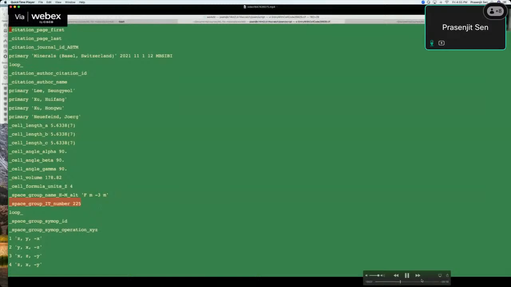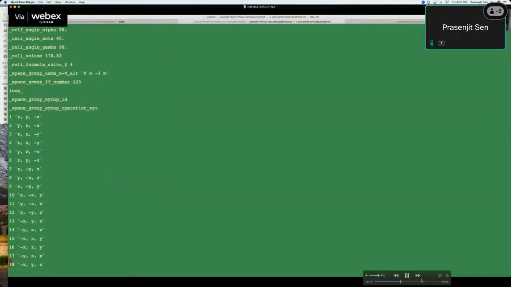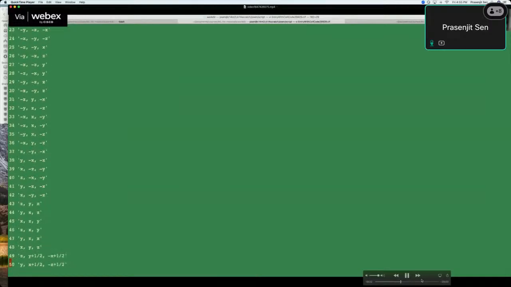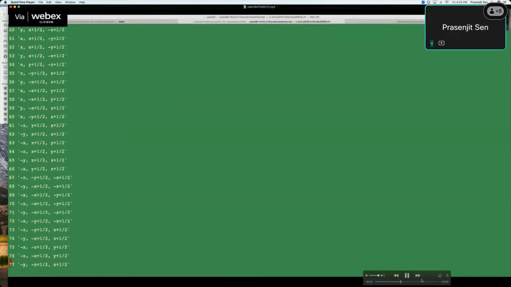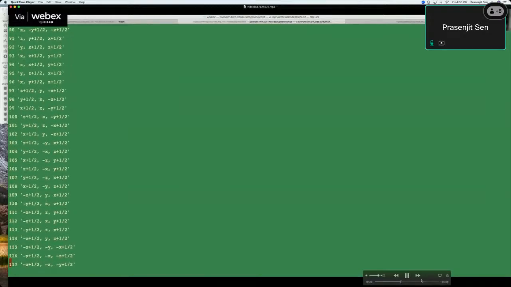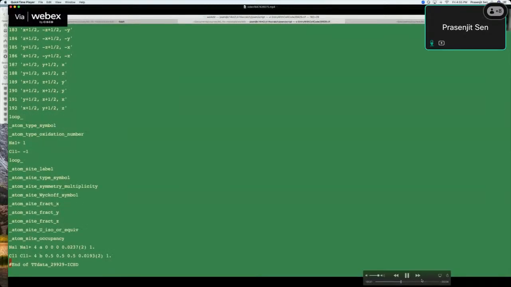So there are various ways that the same space group can be specified, and it gives you all of those. After that, this part captures information about where the atoms are located in the unit cell. Don't worry about all the information that it contains, but basically that's how a CIF file looks like.